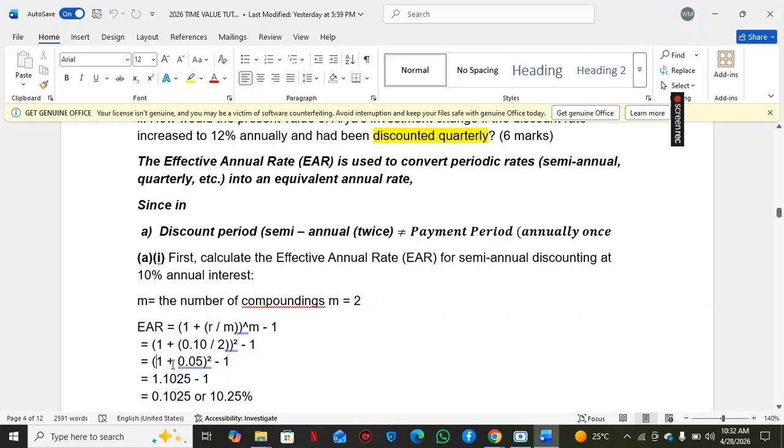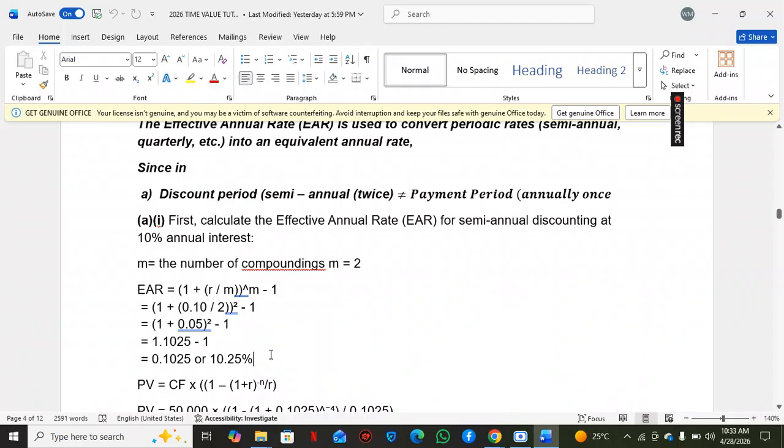Then 1 plus 0.05, that's 1.05. 1.05 squared is 1.1025. And then we subtract 1. You're going to get 0.1025 or 10.25%.